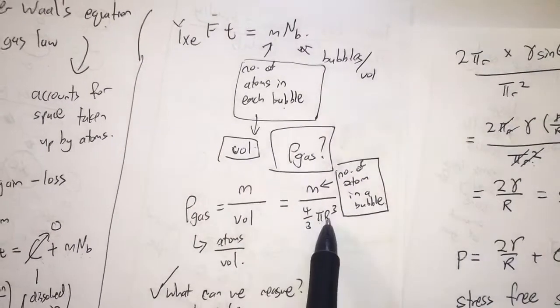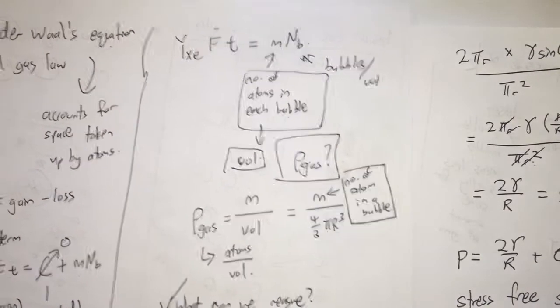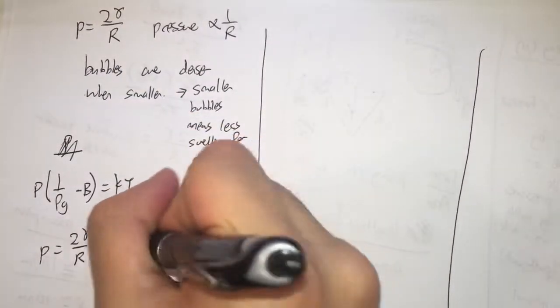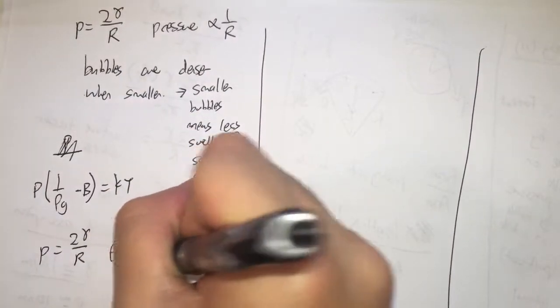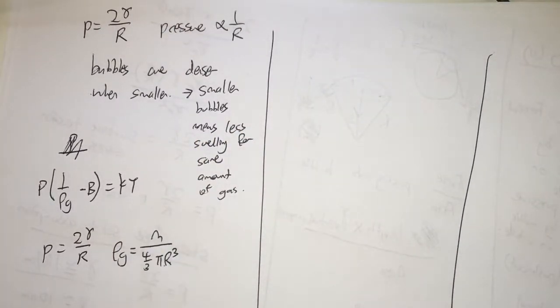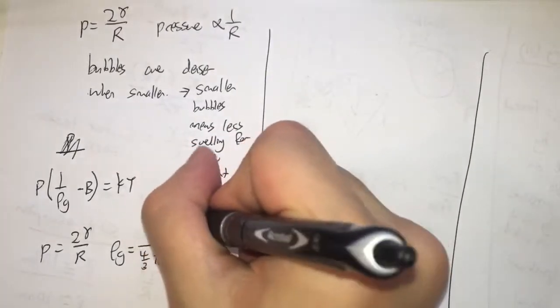Yep, we have something like this before in the last video. M over 4 thirds pi R cubed, where R is the bubble radius and M is the number of atoms per gas bubble.